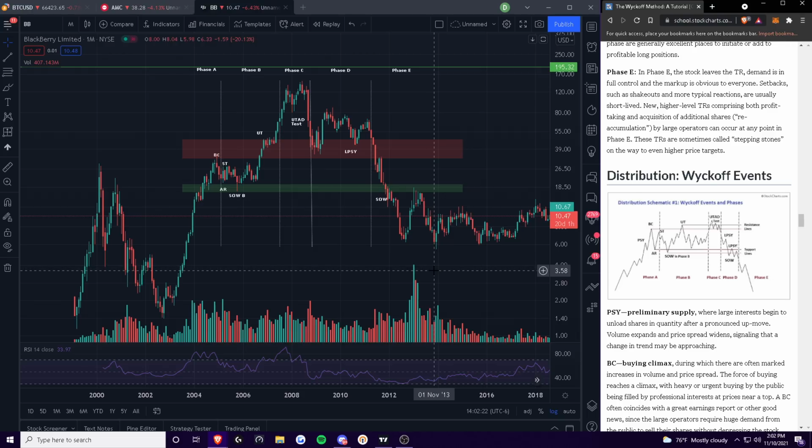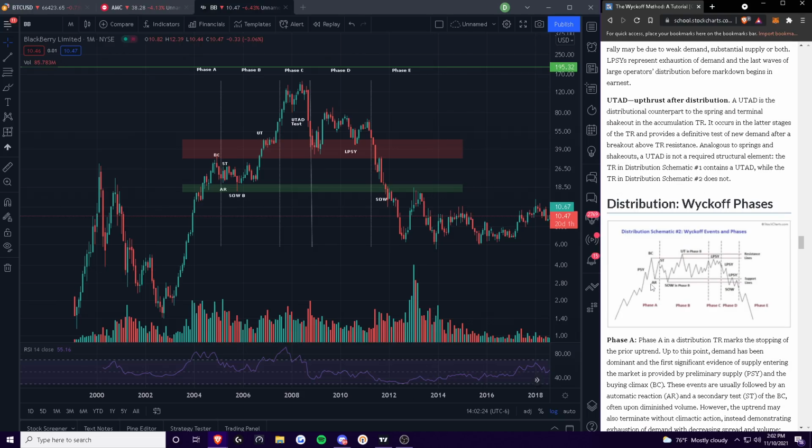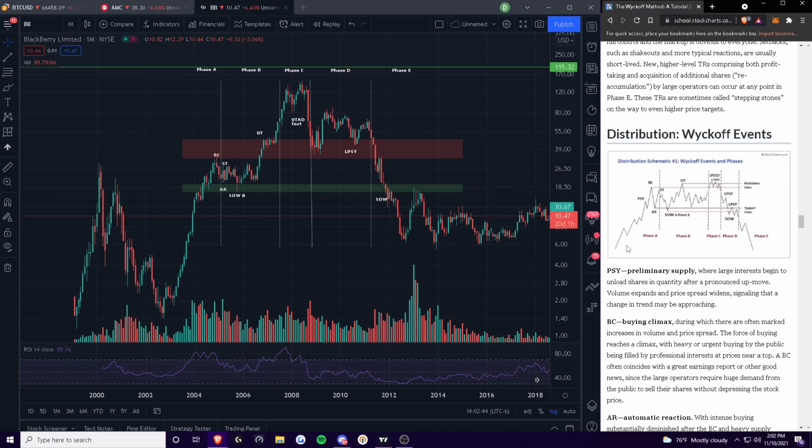But basically, if you're looking at the Blackberry chart in this period, now everybody who's watching this video probably remembers Blackberry as a phone company from the early 2000s. And you can see here that its stock had its peak in 2007, 2008. This could be an upthrust in phase B, could be an upthrust after distribution.